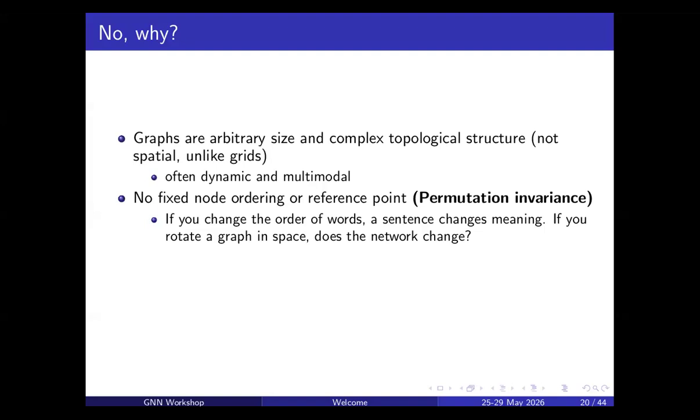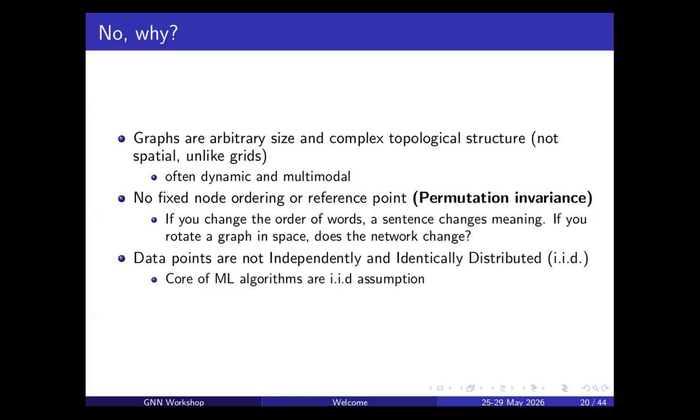If you rotate the graph in space, it does not change the network. Maybe the labels may change, but relations are still preserved. So this property of graphs is normally called permutation invariance. So we want to work with models which are permutation invariant. We have to keep this in mind when we are dealing with the data.